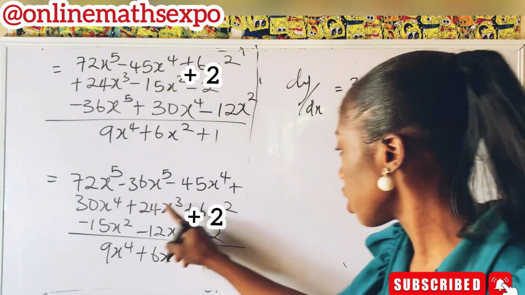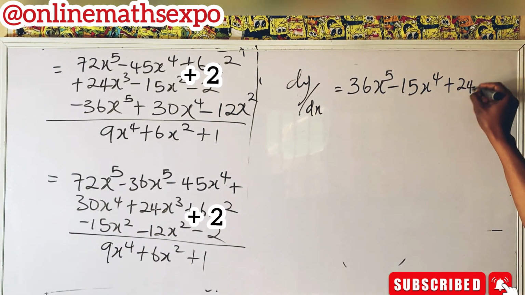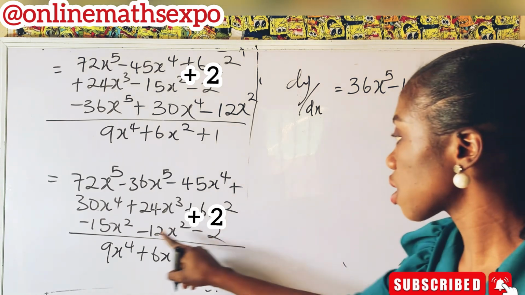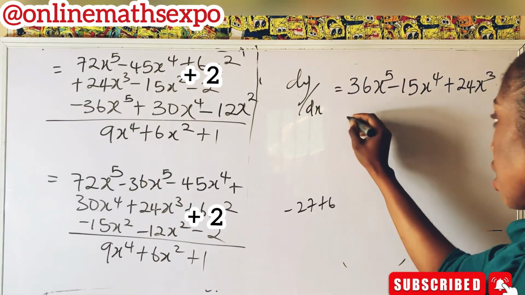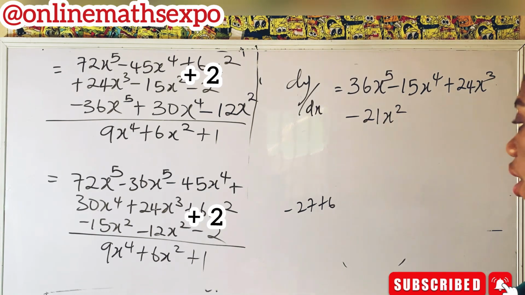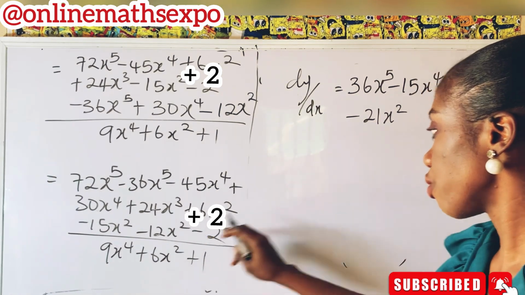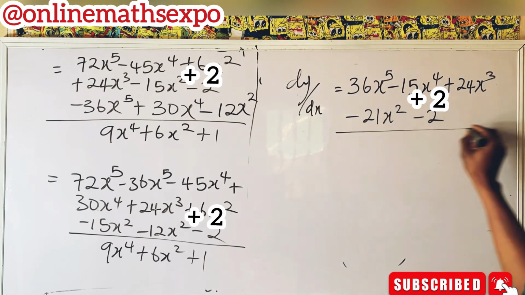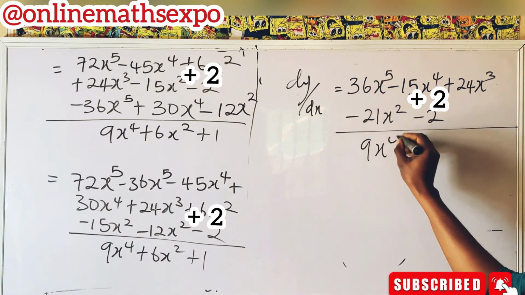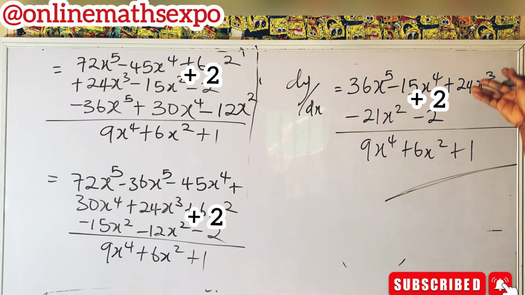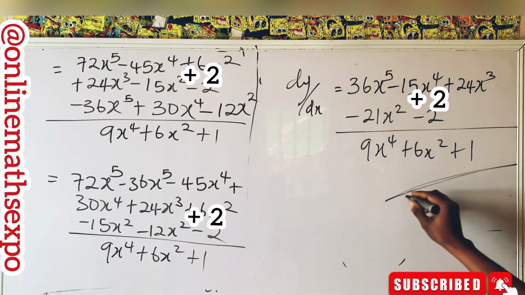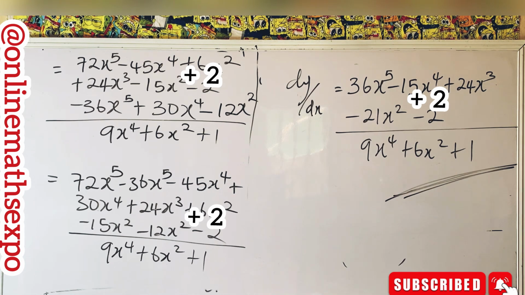Add this and, okay, this is 24x cube. This and this will give us negative 27 plus, that's negative 21x squared. And this will give us negative 2 all over 9x to the 4th plus 6x squared plus 1. We cannot simplify further. So this becomes our answer.